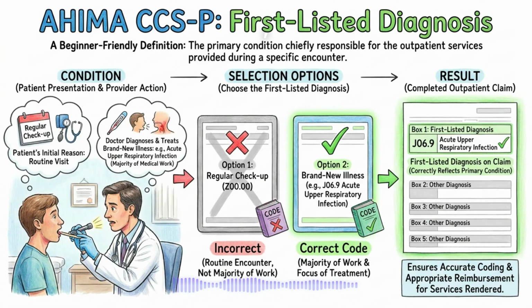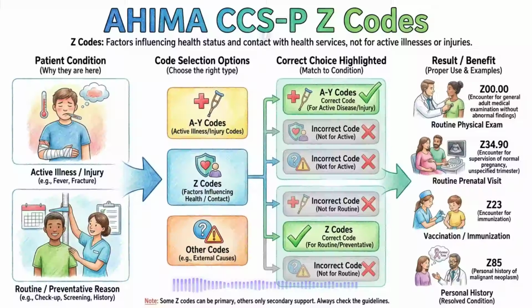You will frequently use Z codes on the exam, which represent factors influencing health status and contact with health services. Z codes are not used for active illnesses or injuries, but rather for situations where a patient is seeking healthcare for a routine or preventative reason.